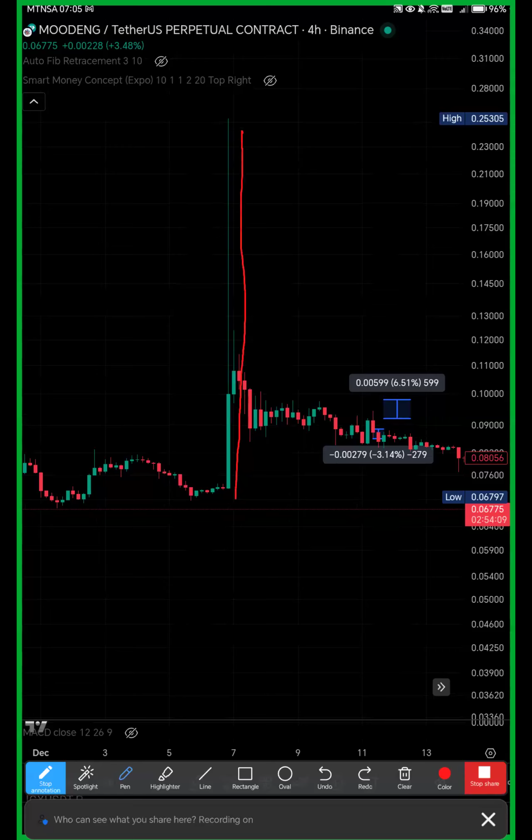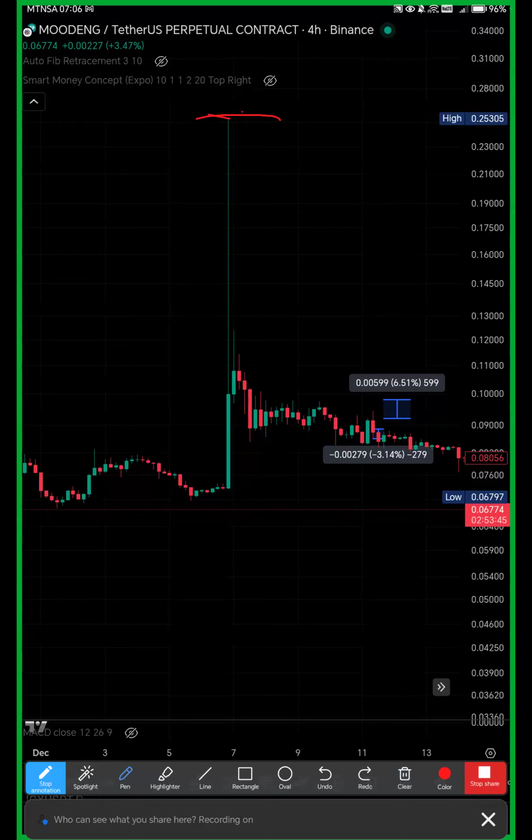Look how it pumped. Just one candle, a 4-hour candlestick. It went high up here. The price of the asset moving from 0.06 up to 25 cents. This was a very big move.